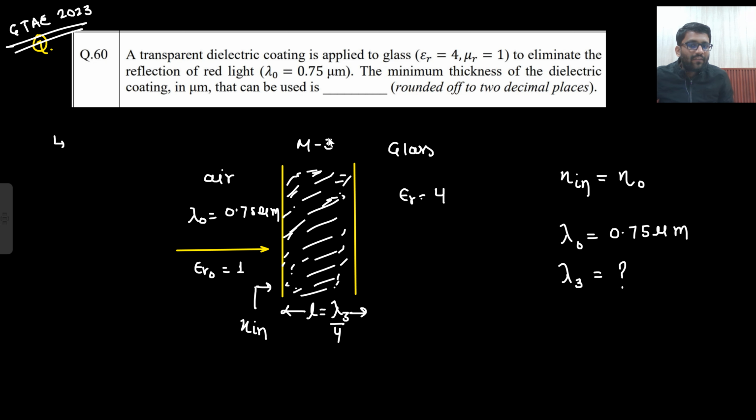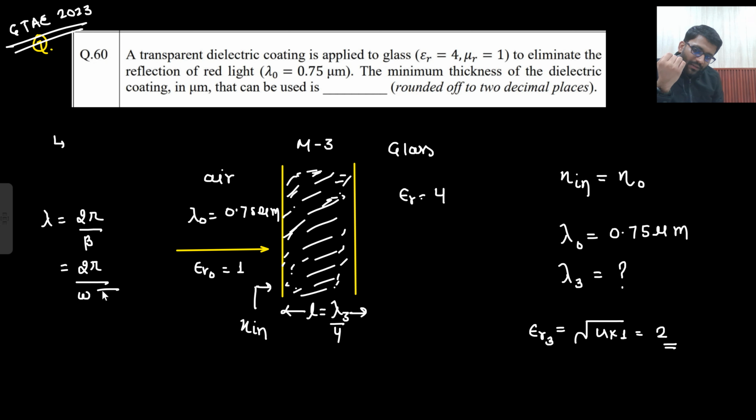Can you find the relative permittivity of medium 3? That would be equal to root 4 into 1, so this relative permittivity will be 2. Now what is lambda? Lambda is 2 pi by beta. What is beta?